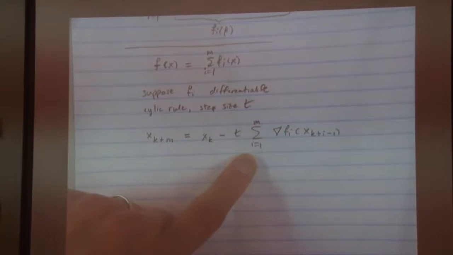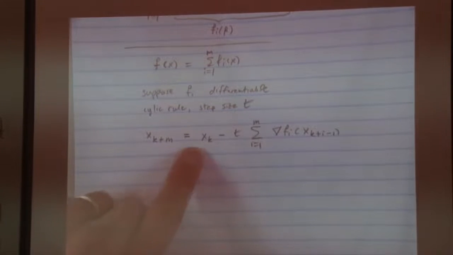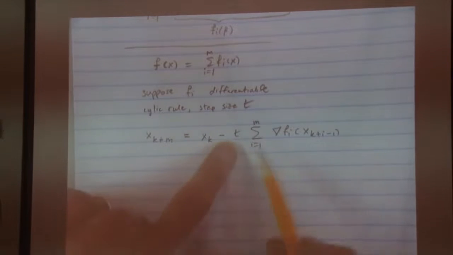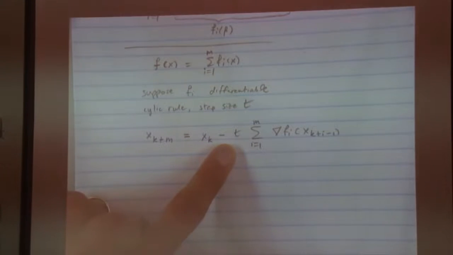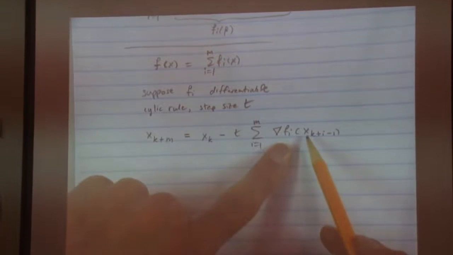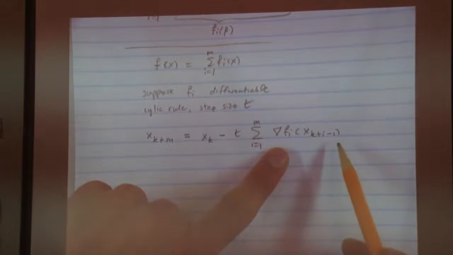Okay, so in other words, let's just look at the progress after one stochastic step. I'm going to do xk minus t times the gradient of the first function in the cyclic rule. So I take the gradient of f1, and I'm going to evaluate it at xk. So that's k plus 1 minus 1.